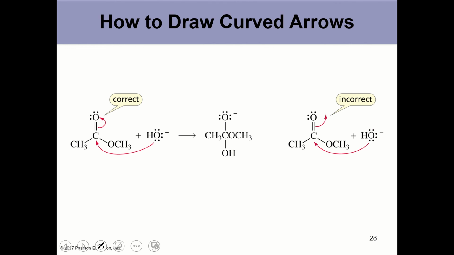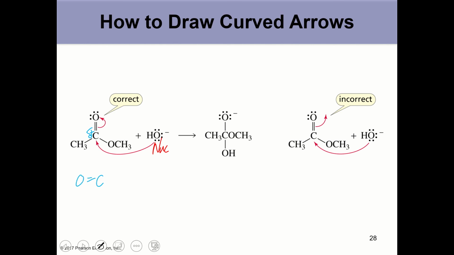Another example: our nucleophile, hydroxide ion, shows a lone pair moving to our partially positive carbon. Why is it partially positive? Because oxygen is more electronegative than carbon.